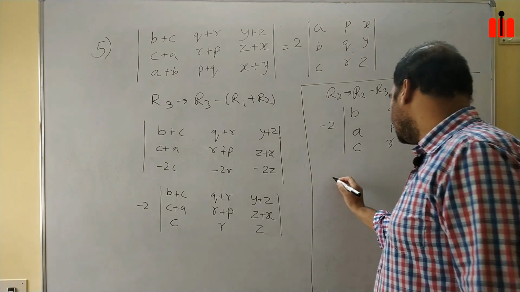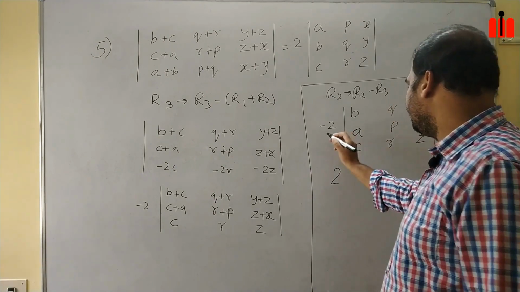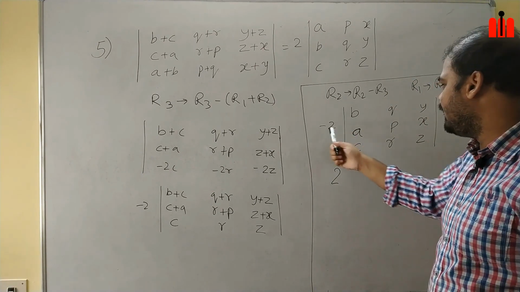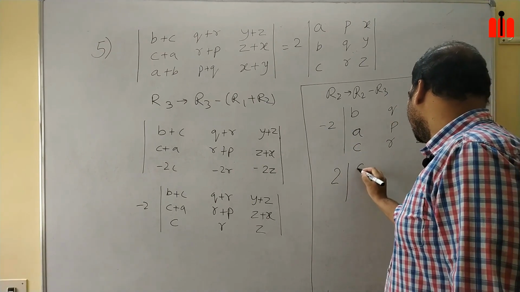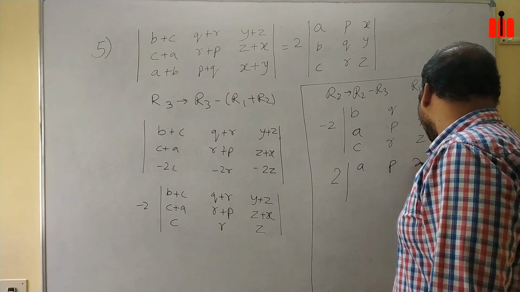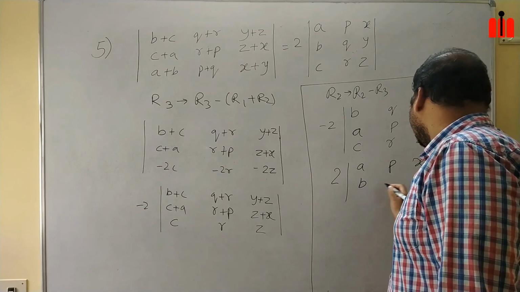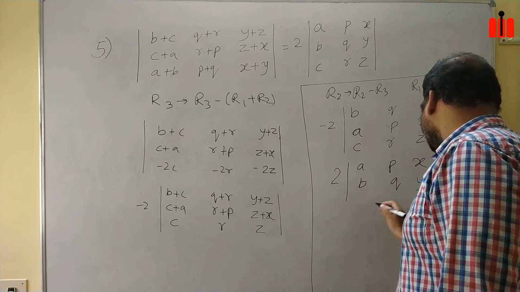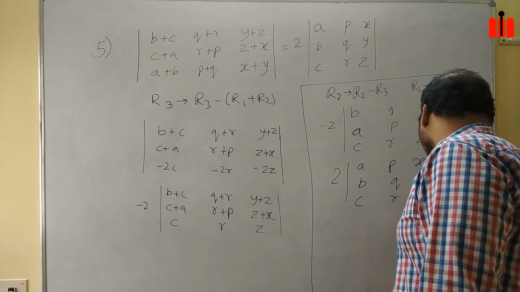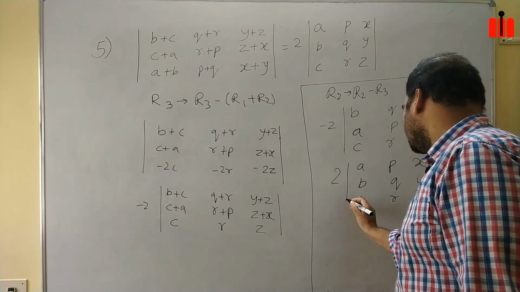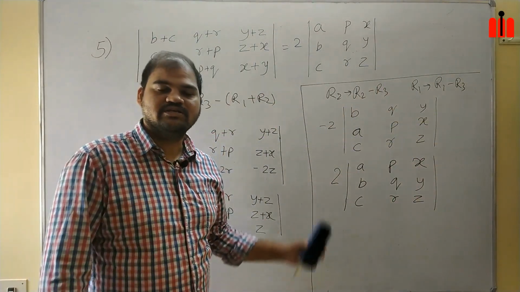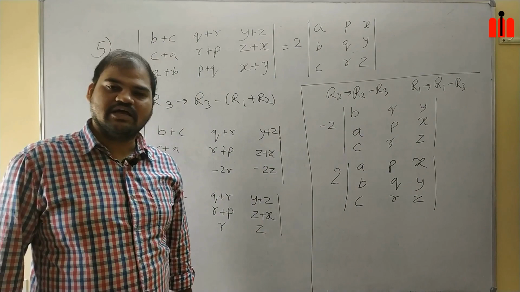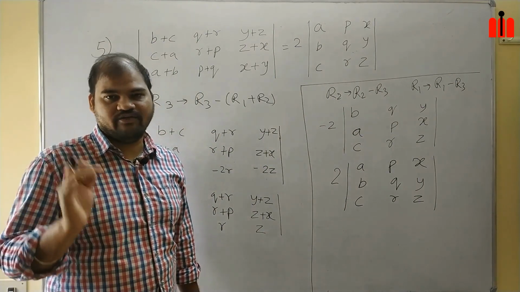So we will use that. So the negative will be multiplied, that means it will become plus 2. Then it will become A P X, B Q Y, C R Z. So this is the proof for this fifth problem. This completes problem number 5.